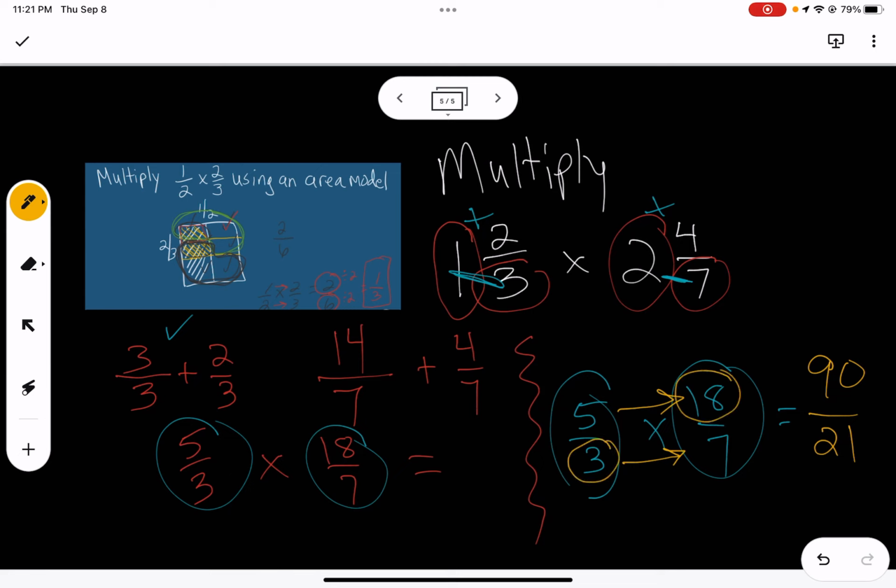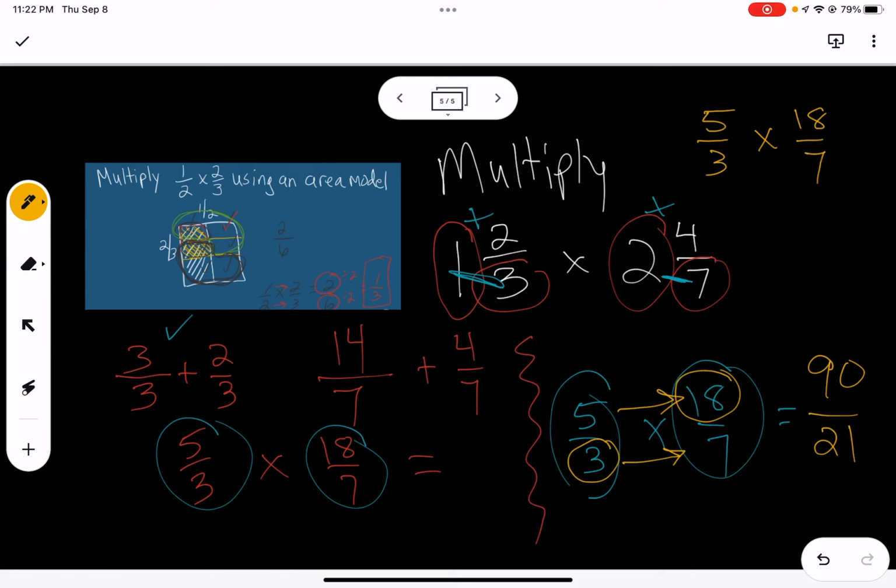diagonally, 3 and 18 have something in common. So I'm actually going to show you another way that you can multiply this across. What if we did 5/3 times 18/7?